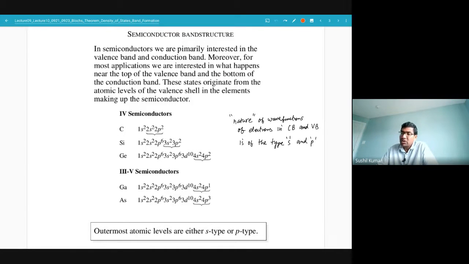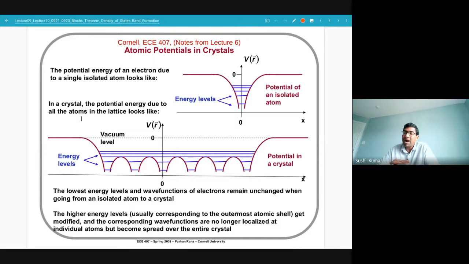Okay, so here's an example of how V(r), the potential, looks. Again, remember this V has units of joules, energy, not voltage. This potential on the top right is due to a single nucleus.